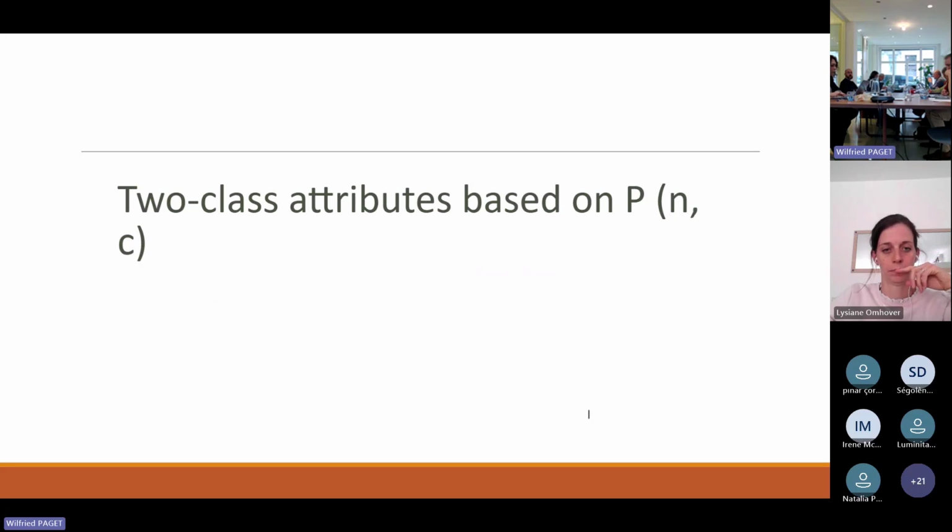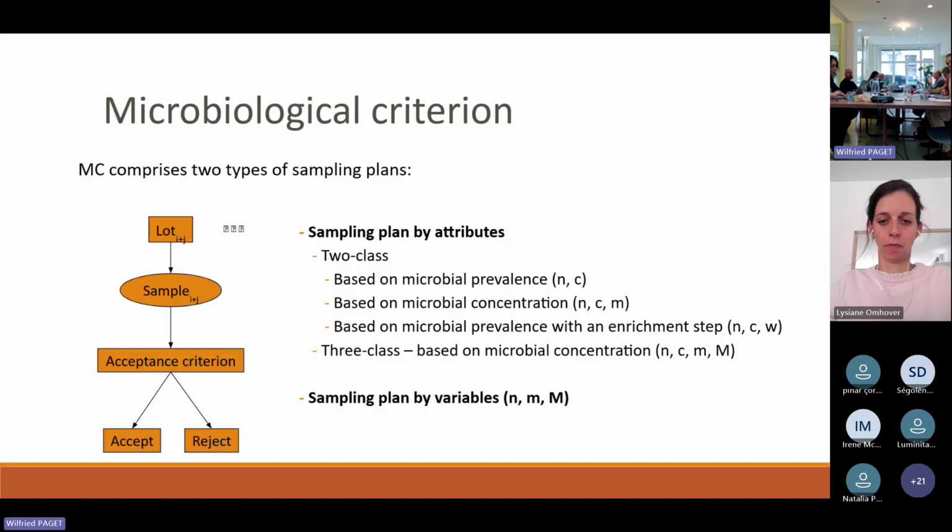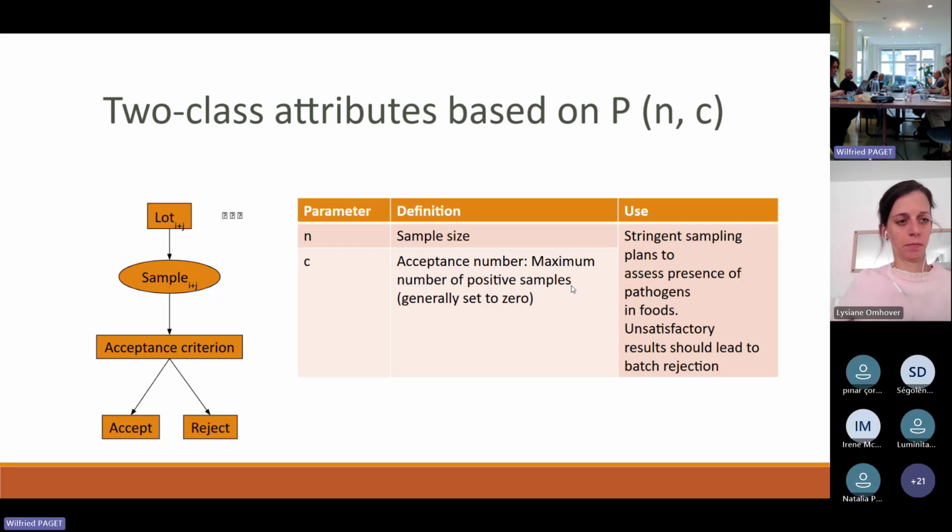But I will explain two types of sampling plans. I will start from the simplest, which is the two class attributes, the one based on microbiological prevalence, so N and C. You have there two parameters.